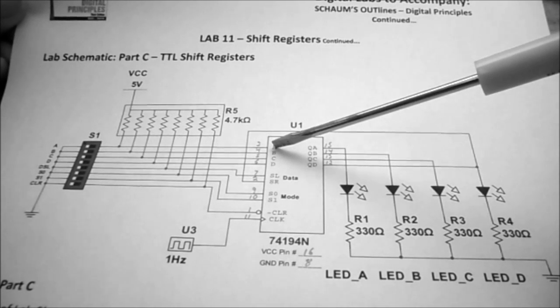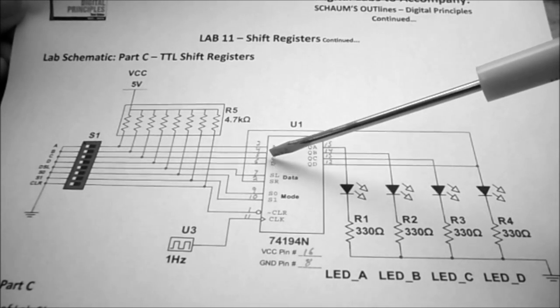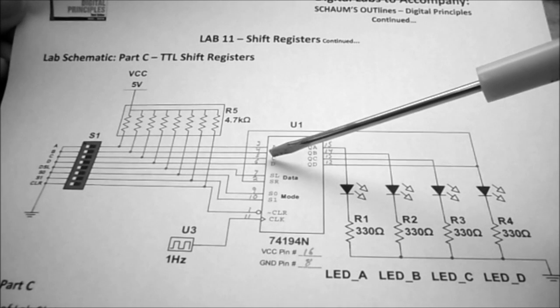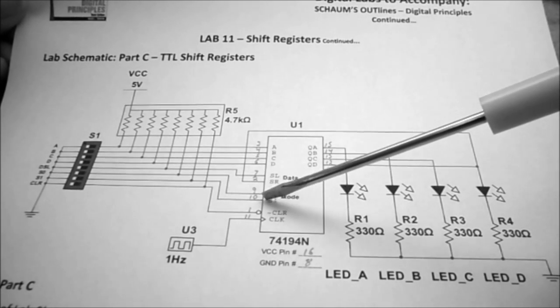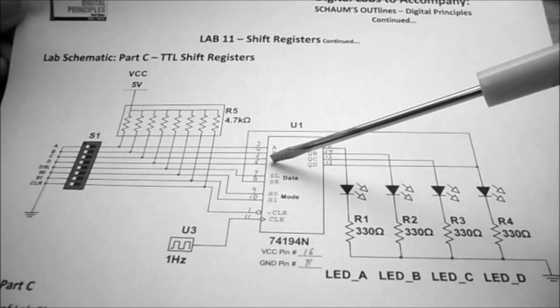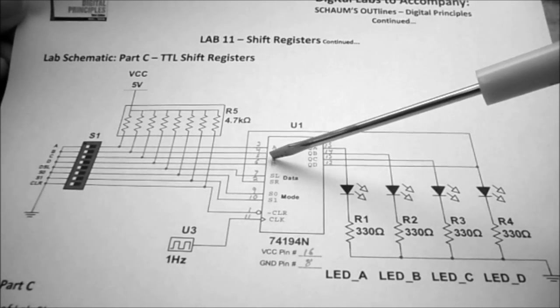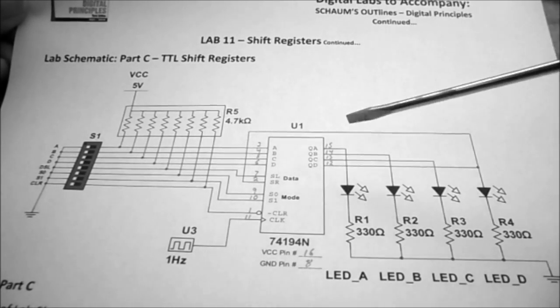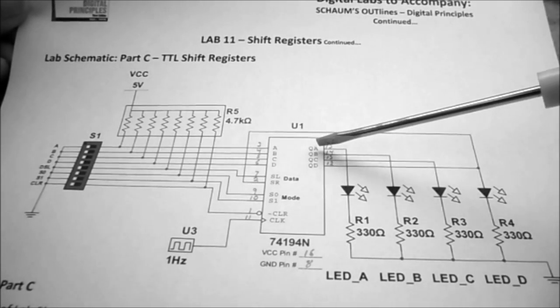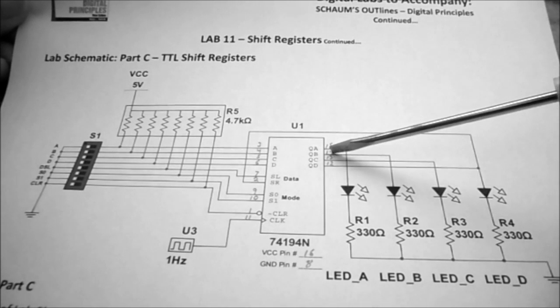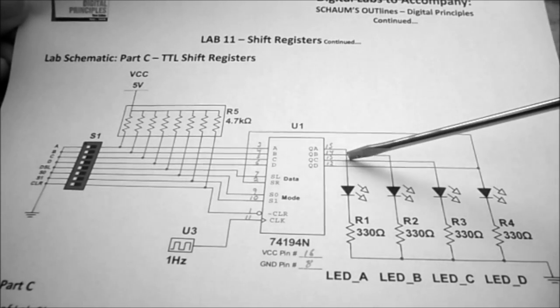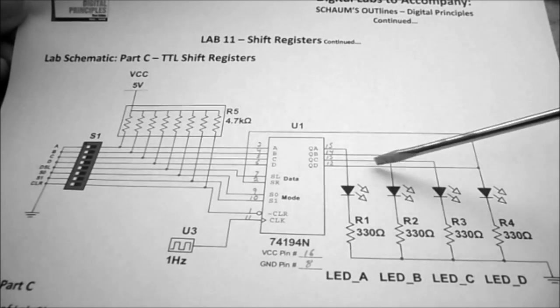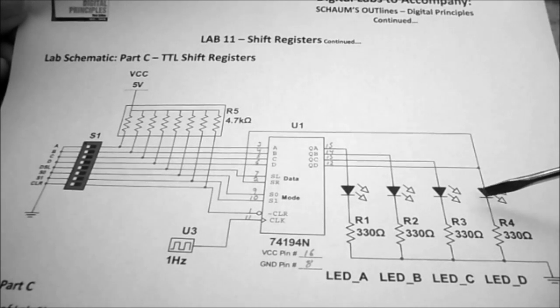And you can see we have an A, B, C, D input. So these are the preloads, and that's determined by the mode that we select. So we can select preload and it will load in whatever number we put on our dip switch. Our output's going to be QA, followed by QB, followed by QC, followed by QD.